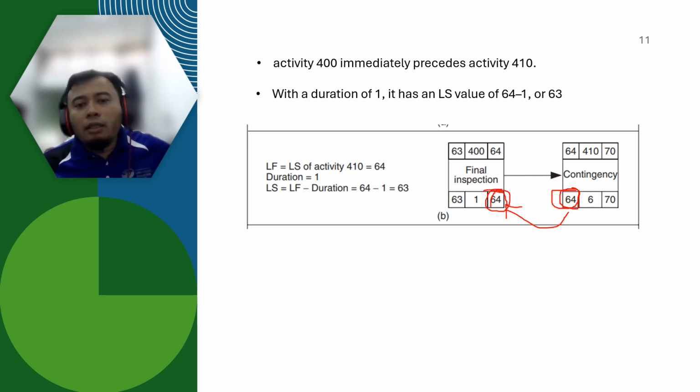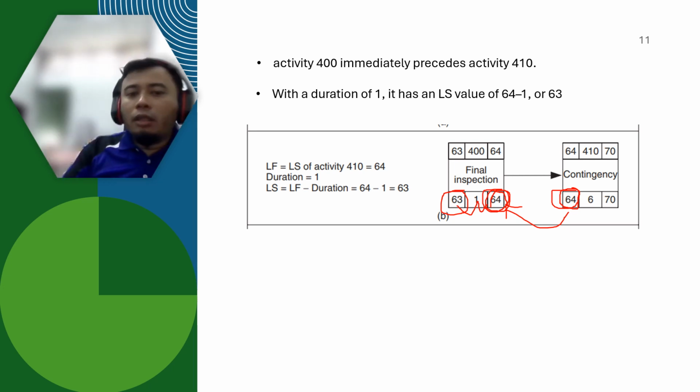So late finish minus duration, so you get late start. So your late start will be day 63. So this is basically how you can calculate the late start.